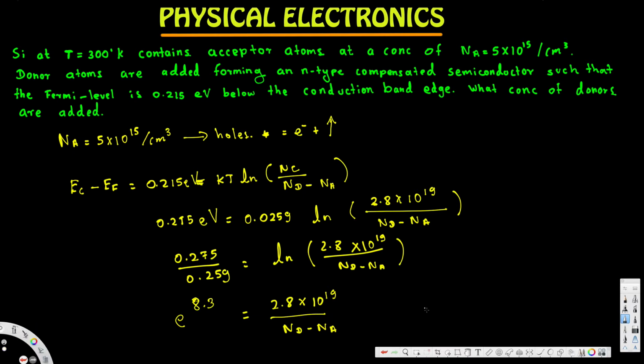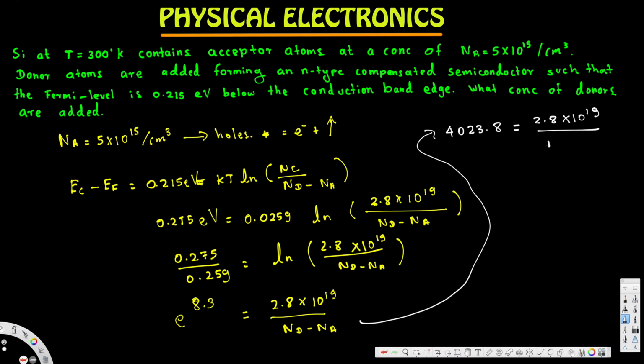Now let's continue right here. E power 8.3 is equal to 4023.8, which is equivalent to 2.8 times 10 to the power of 19 divided by ND minus Na. So ND minus Na is going to be 2.8 times 10 to the power of 19 divided by 4023.8.